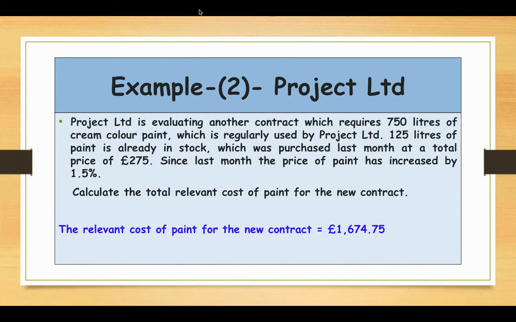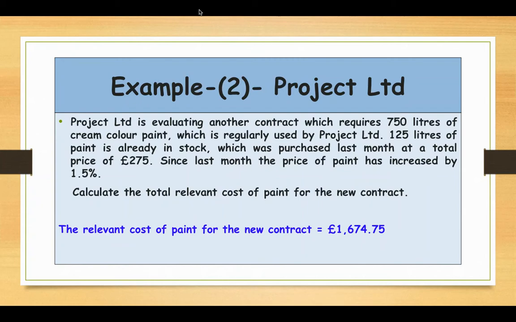Now the question says the paint price has increased by 1.5%. So the new price is going to be £2.20 plus 2.20 times 1.5%. So that is 1.5 divided by 100. Or another quick way is £2.20 times 101.5, that is the total increase divided by 100.